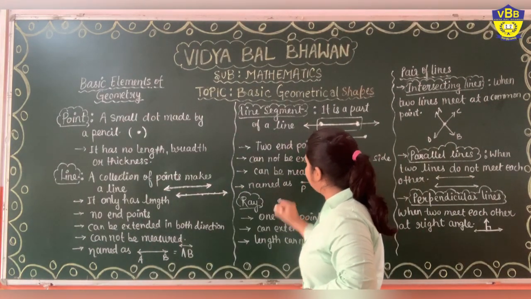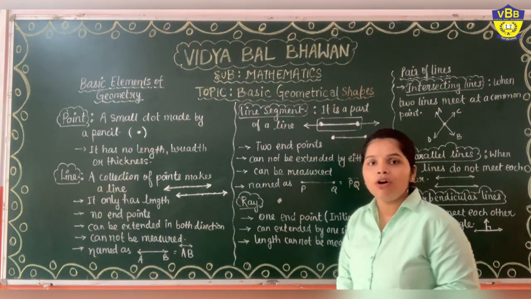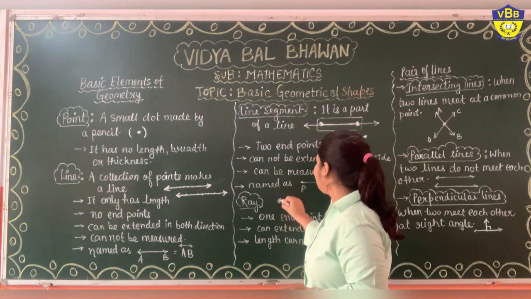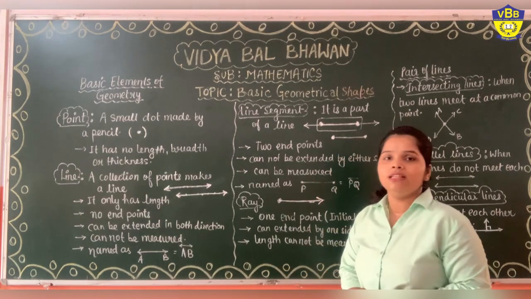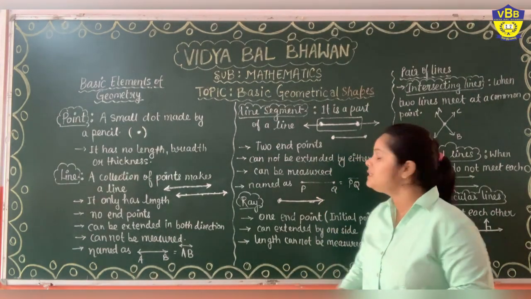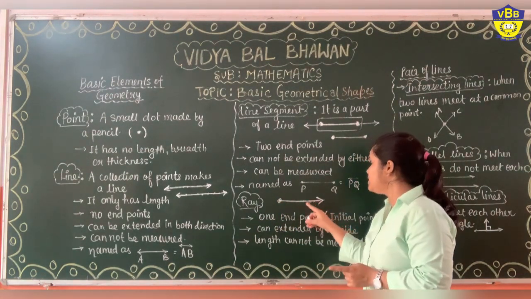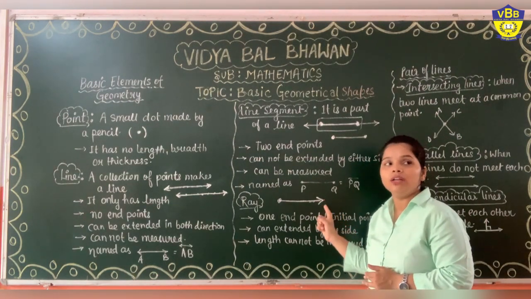Ray is like this. This is the endpoint, or this endpoint is also called initial point. After this, here is a line and on the other side there is an arrow. That means one endpoint, and on the other side we can extend it as much as we want.